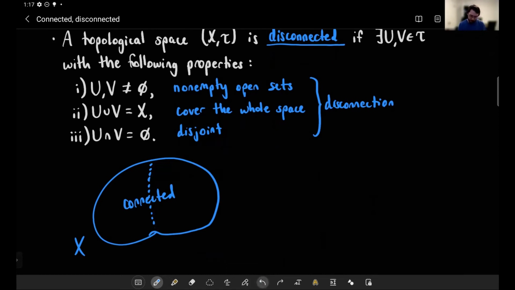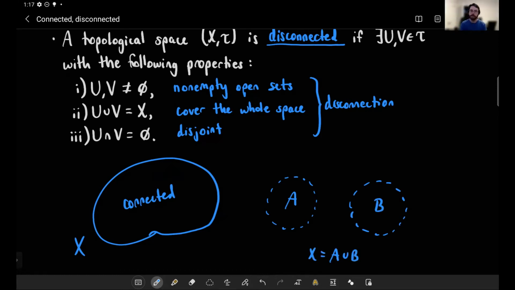So that would be a connected space, whereas something like this, let's say I just drew two blobs. That's A, that's B, and X is the union of these two.